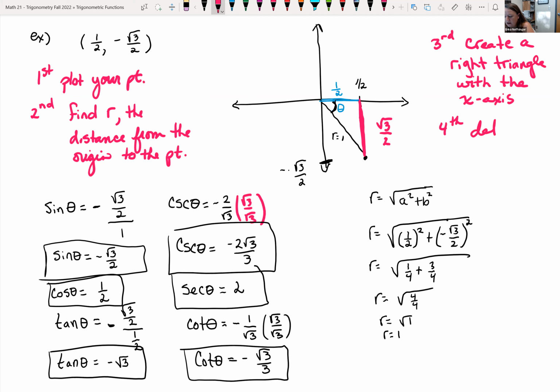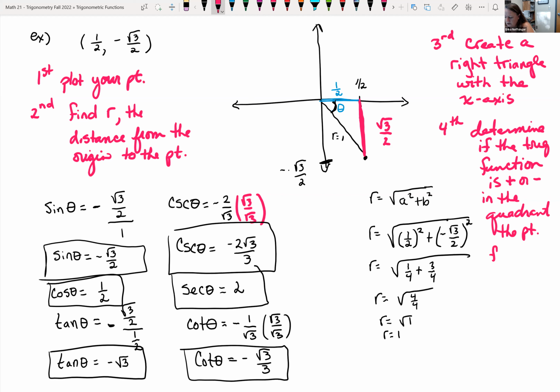Fourth, we're going to determine if the trig function is positive or negative in the quadrant the point falls. And then fifth, we're going to find the ratio of sides of the triangle we created and our angle theta.